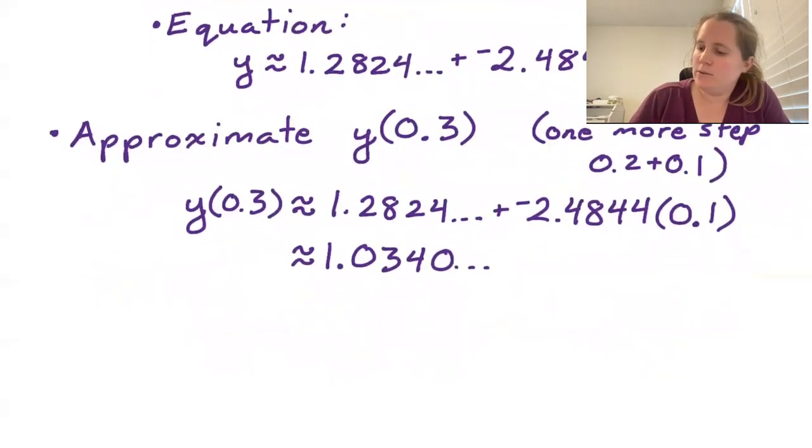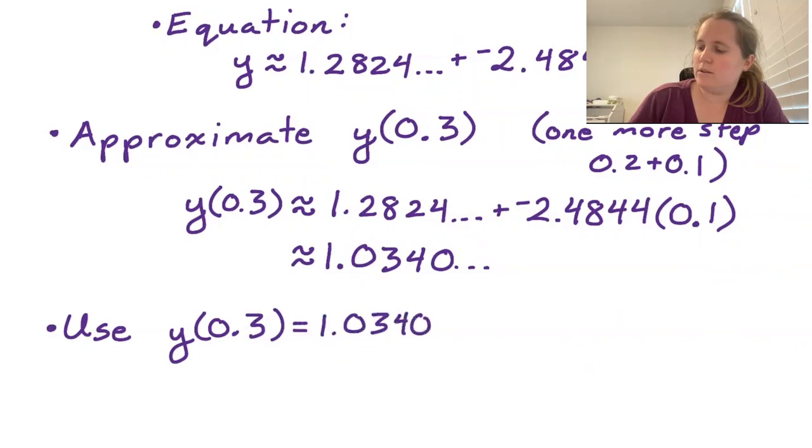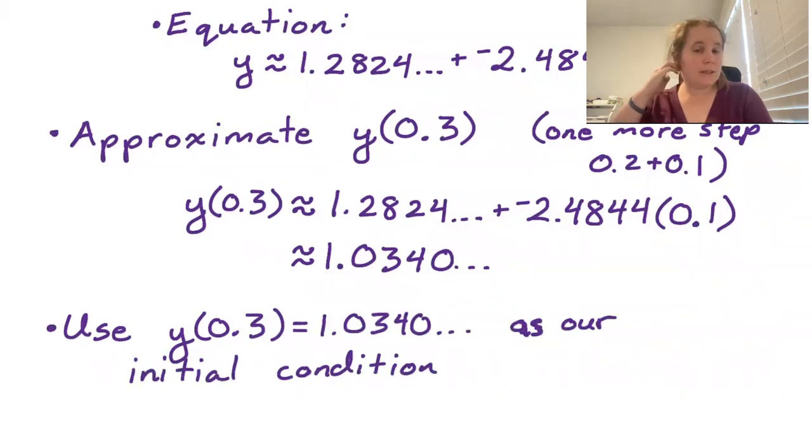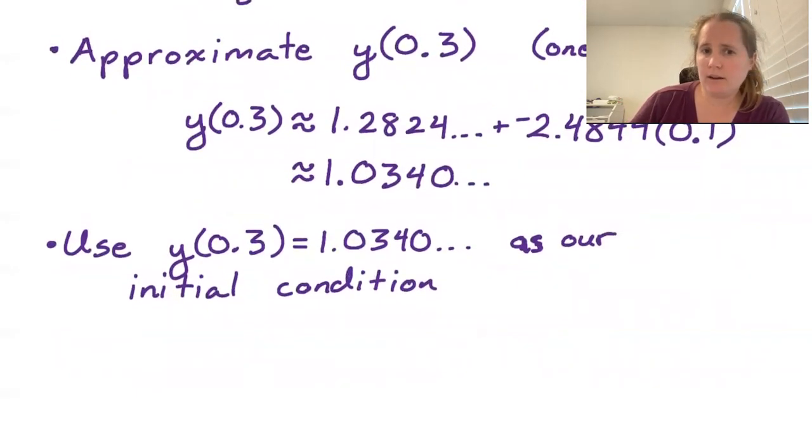So now we will use y of 0.3 equaling 1.0340 as our initial condition. And we'll just repeat these steps. So this step will get us to 0.4, and the next step will finally get us to that 0.5 we were looking for.